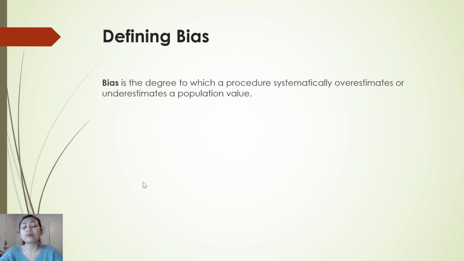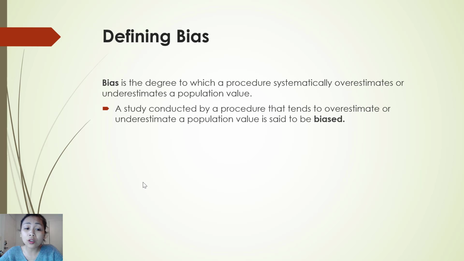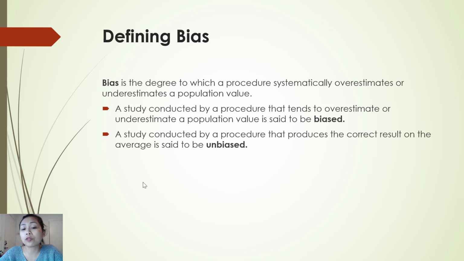So the definition: bias is the degree to which a procedure systematically overestimates or underestimates a population value or a parameter. A study conducted by a procedure that tends to overestimate or underestimate a population value is said to be biased, and a study conducted by a procedure that produces the correct result on the average is said to be unbiased.